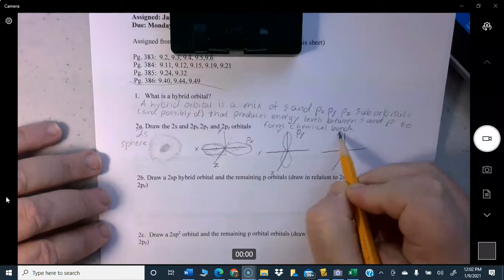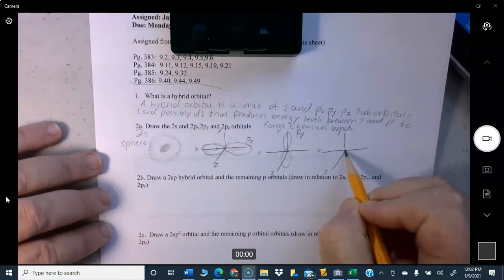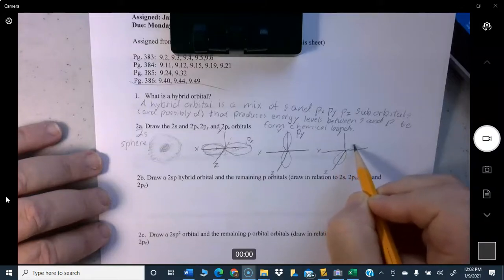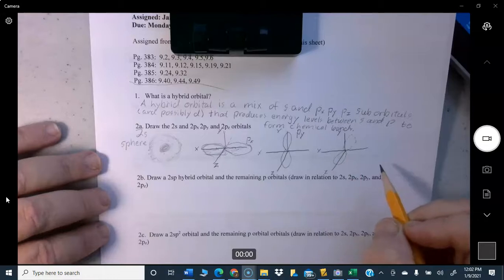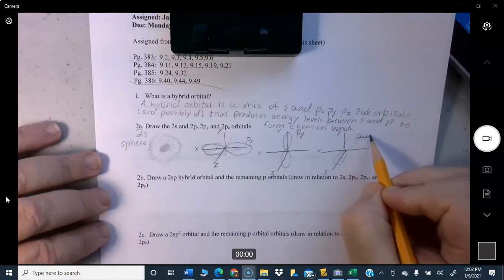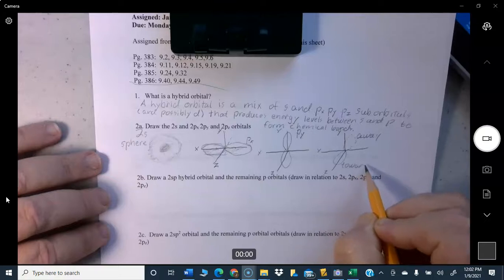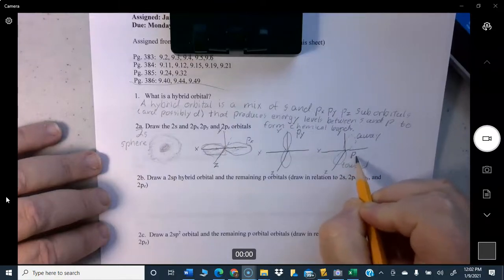And you kind of have to use your imagination, the perspective, that this one is coming out of the page toward you. And that this one, we'll draw it as a dashed line, is going back into the page away from you. Okay? So this is away and toward you. All right, and that is the pz orbital.